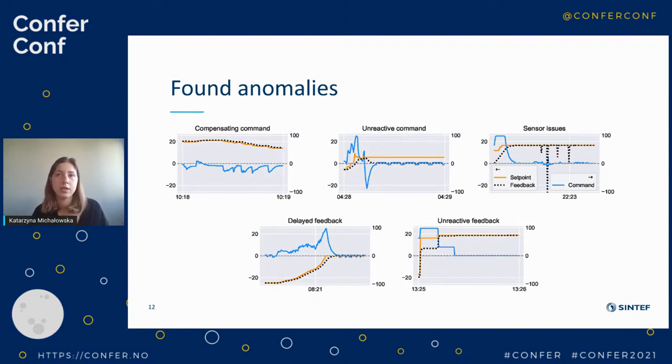Another one was the pitch being adjusted with a delay, so things were working a bit slower than they should be. And the last group was when the set point has changed. The command was given to change the actual pitch, but nothing was happening. So we call that unreactive feedback or unreactive pitch.